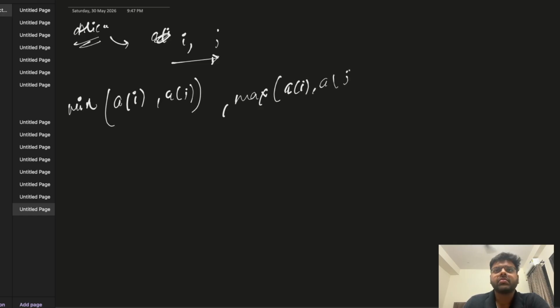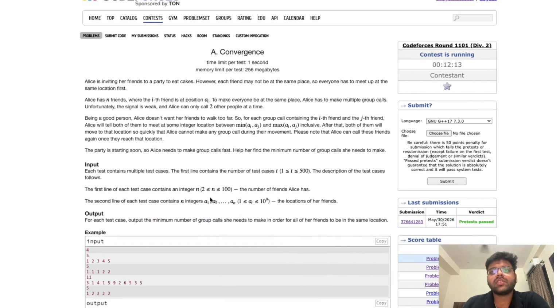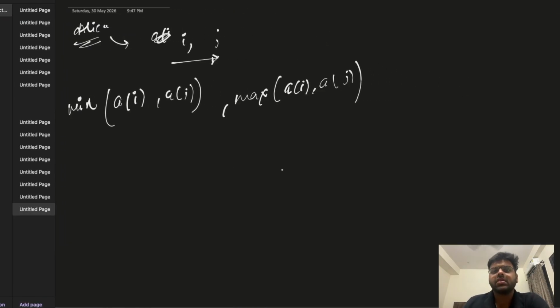ai and aj. If we see the constraints as well, n is going up to 100 and t is 500. The constraints are pretty low, so we could directly go with the brute force approach, or you can say a naive approach.